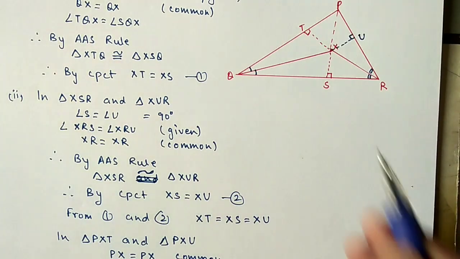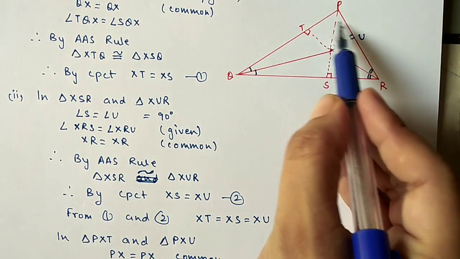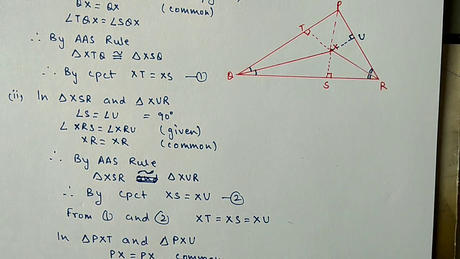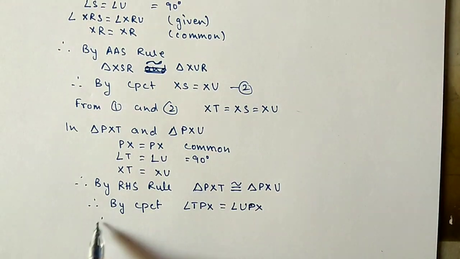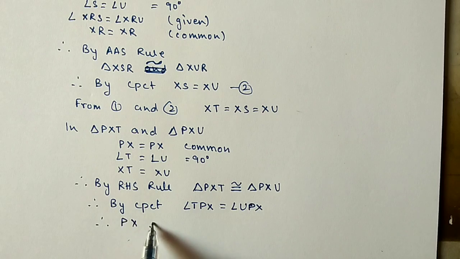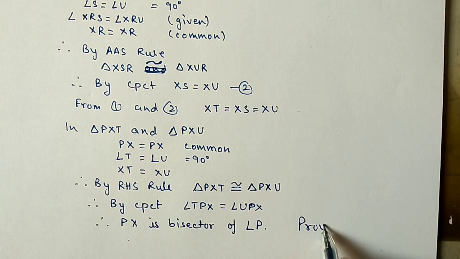These two angles, this angle and this angle, are equal, and if these two angles are equal, it means PX is the bisector for angle P. So we can write here, therefore PX is bisector of angle P, and this only we have to prove here.